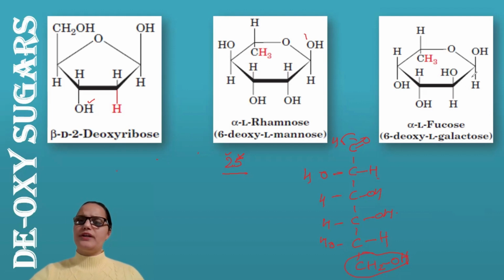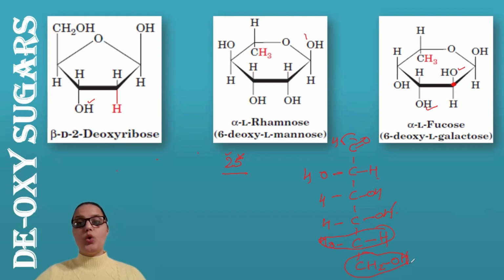So we need to start from carbon number 2. On carbon number 2, you can see that OH is directing upwards. Yes, it should be directing upwards. Then it is directing downwards. Then it should be directing downwards. Then carbon number 5 doesn't matter because it actually loses its hydroxyl group during the process of cyclization.